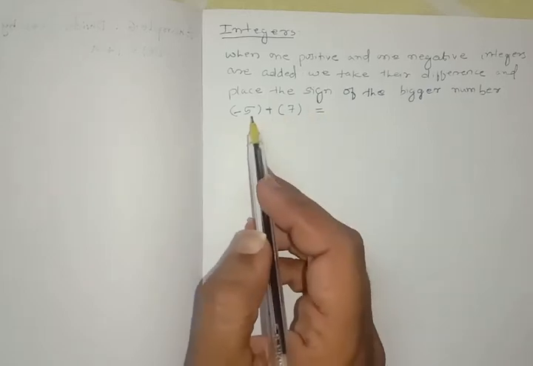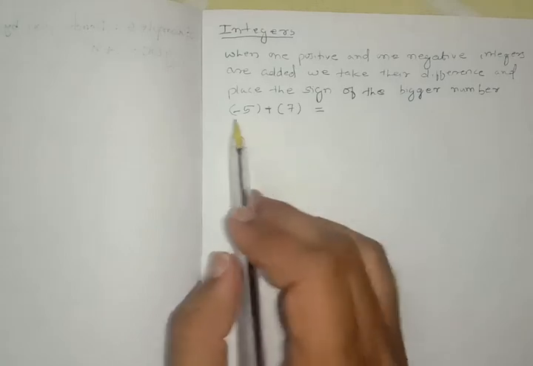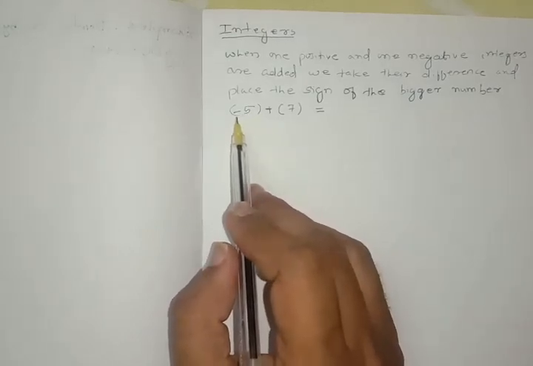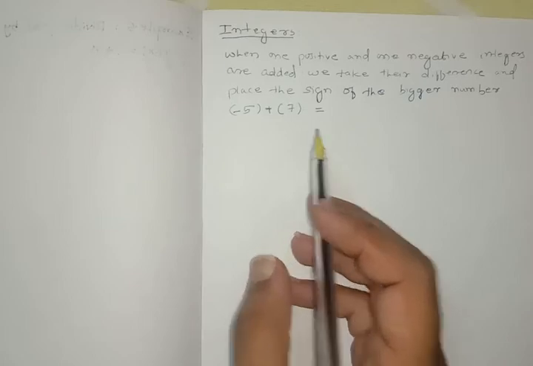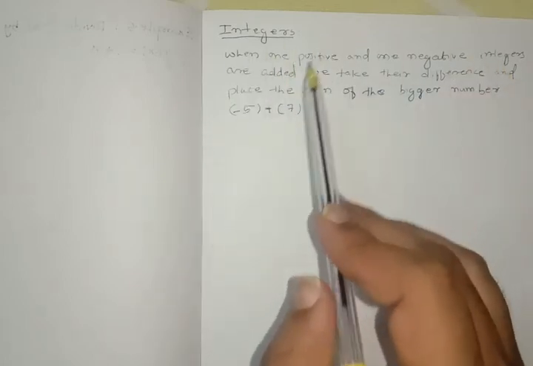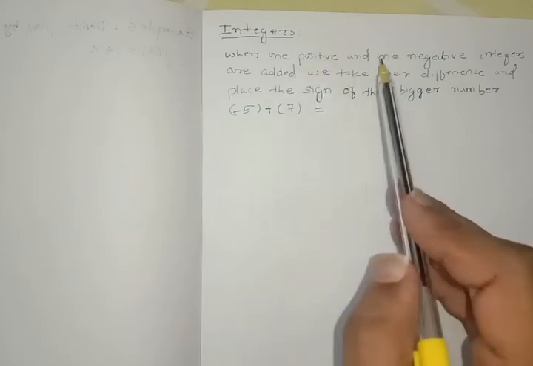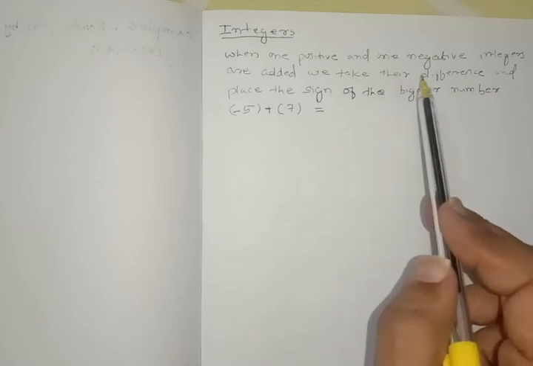We have to add this negative integer and positive integer. Here signs are different. As we have seen just in this note, if one positive integer and one negative integer are added, we take their difference.